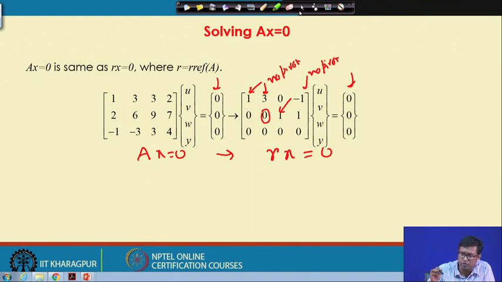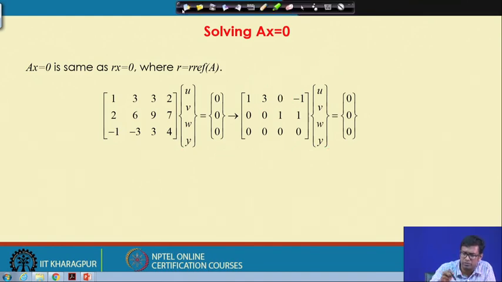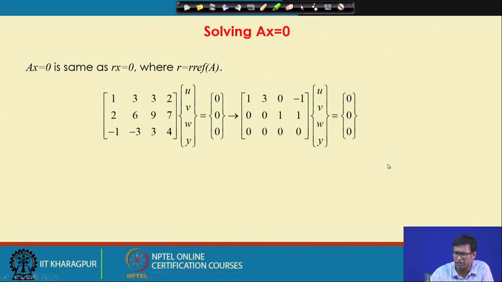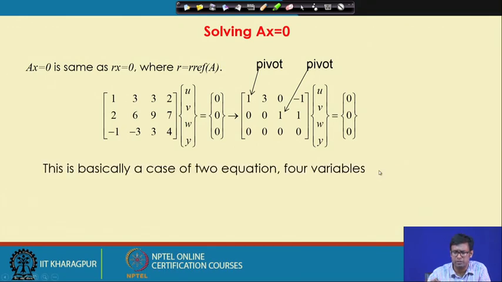It is very important to find out the null space solution. So, we move forward and identify the pivots 1 and 1. If I see the third row, it is 0 is equal to 0, which is not an equation. So, there are basically 2 equations and 4 variables.